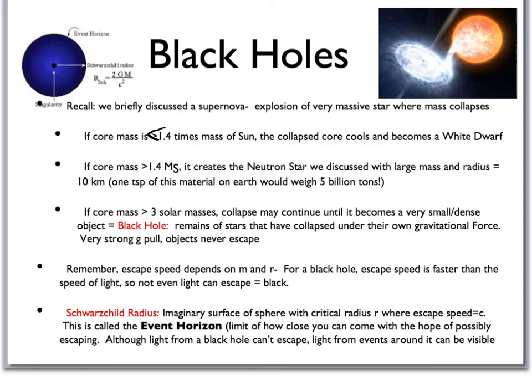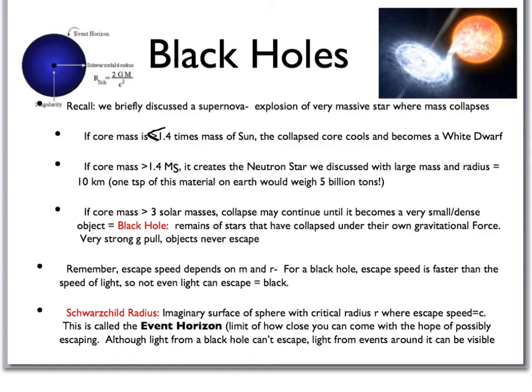Now, this is ridiculously dense, to the point where about 1 teaspoon of this material, if you had it on Earth, would actually weigh 5 billion tons. So you're taking an entire star and collapsing it into a radius of 10 kilometers.